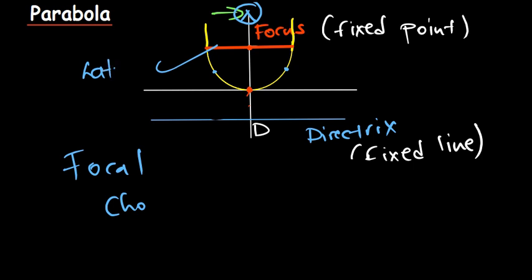Now, something special about the latus rectum: remember I said the distance from the vertex to the focus is p units. One thing that you need to know is if we try to assess the latus rectum, this side is going to be 2p units and the other side 2p units as well, so the total length of the latus rectum is actually 4p units.